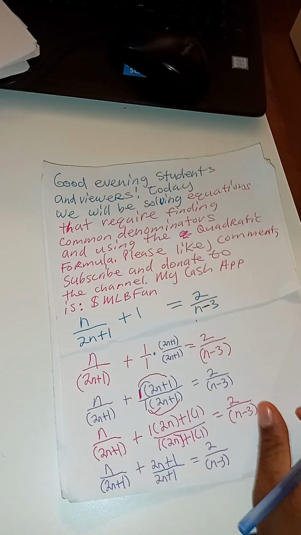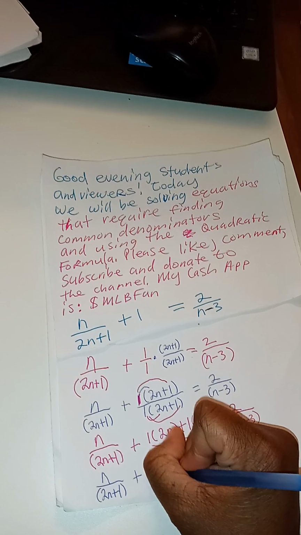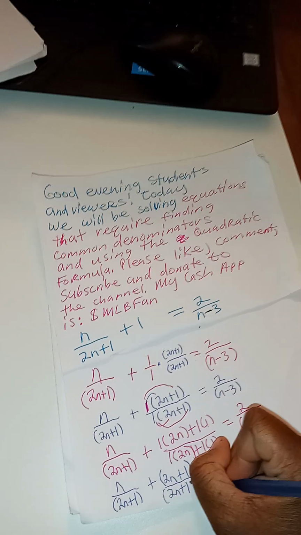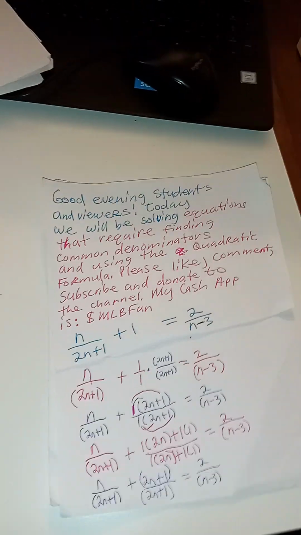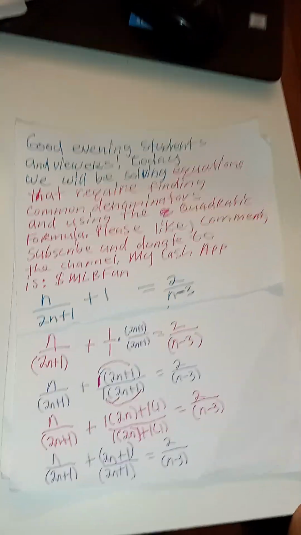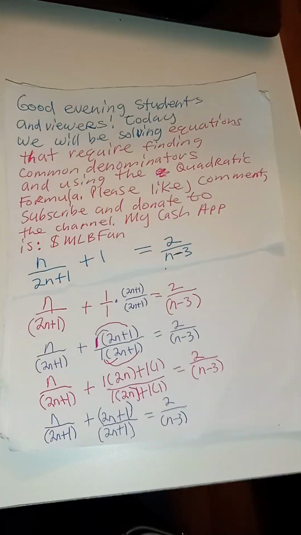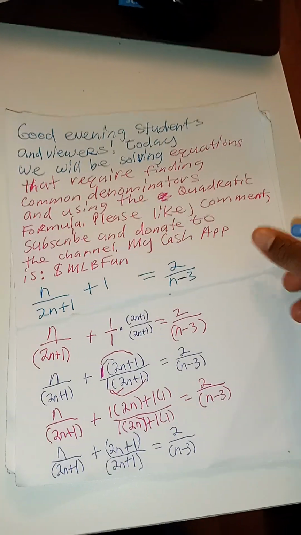And let's incorporate parentheses around the 2n plus 1 in the numerator and denominator. And now let's let this marinate. And now let's move on to the next page.